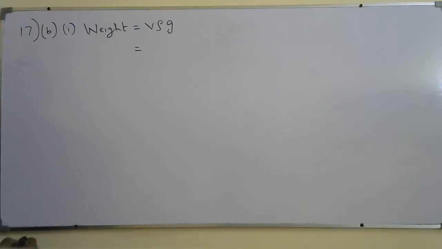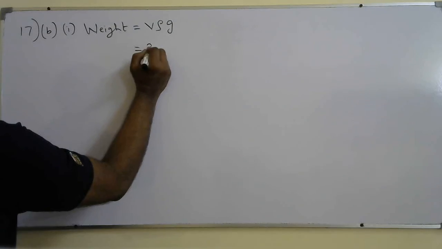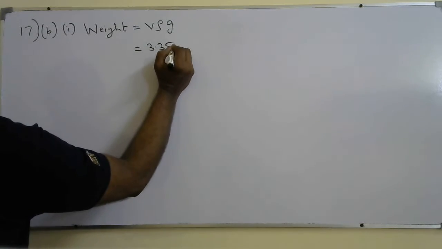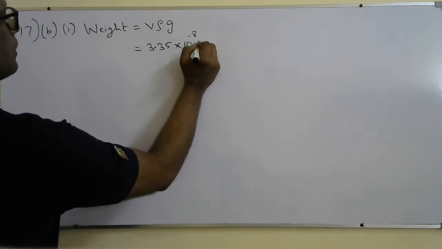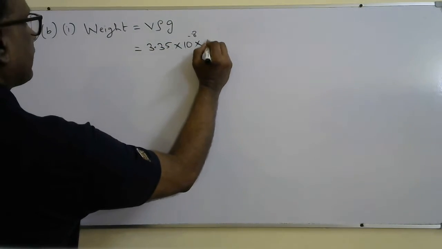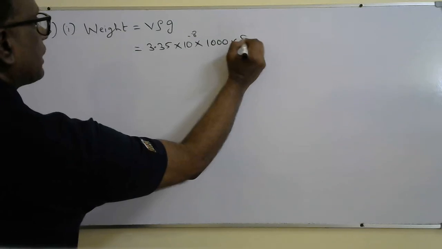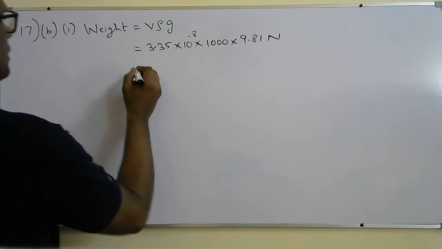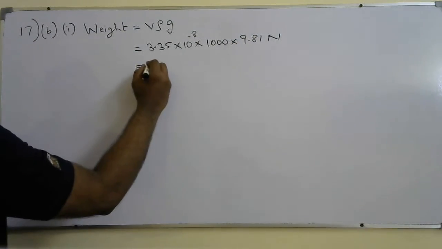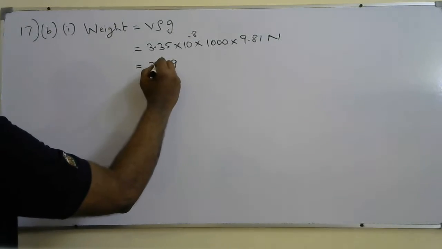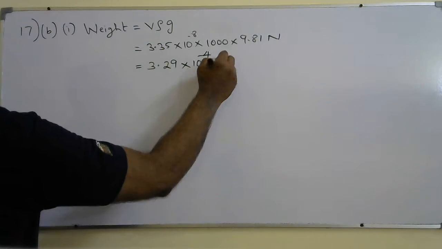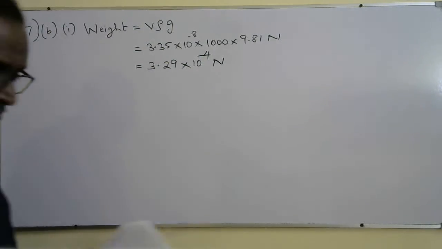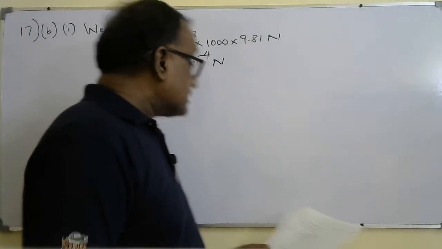So volume is given, 3.35 × 10^-8. Density is given, 10^3, that means 1000, into 9.81 N. So the answer will be 3.29 × 10^-4 N. That's the weight of the droplet.